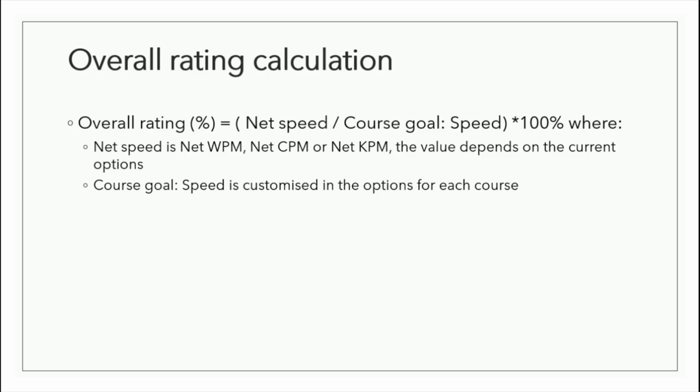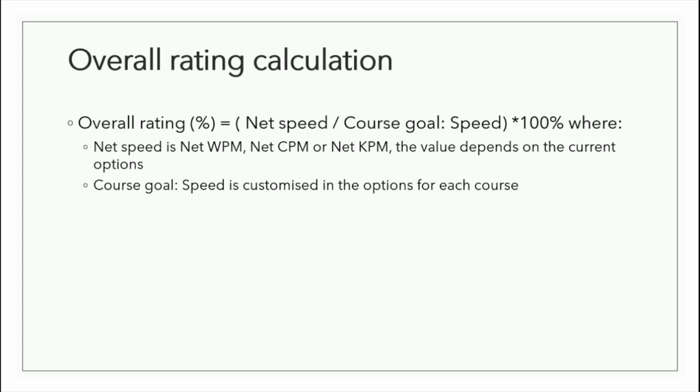And what is course goal? I'm going to tell you. Course goal in terms of speed is, if I have made a goal, okay, today I'm going to type 30 words per minute, so this is my goal. I will divide it, then I will multiply by 100%.